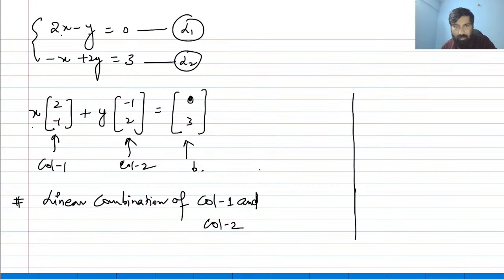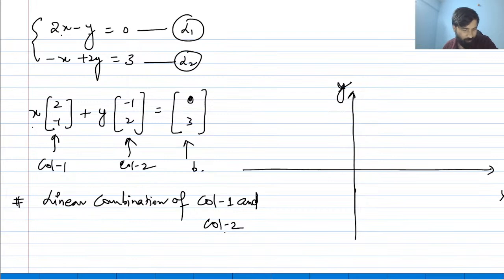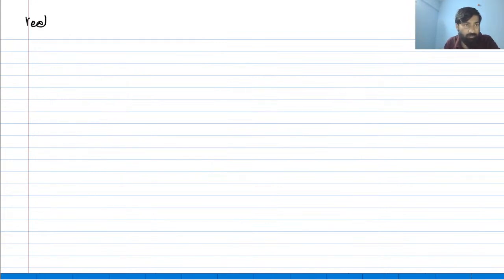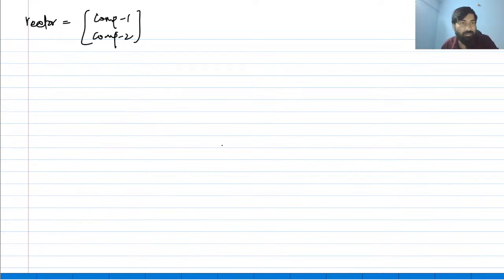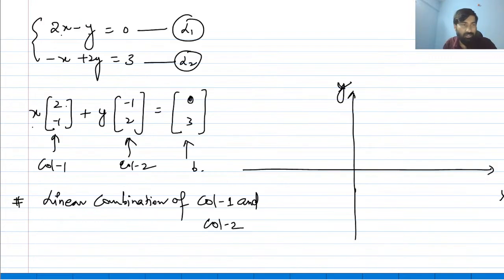You see here, this is the xy plane, this is the y axis and this is the x axis. Any vector here has component 1 and component 2, because this is a two-dimensional vector. It can have 3 components, or 4 components, but here one component is 2 and one component is -1. You go 2 on the x-axis and -1 on the y-axis.